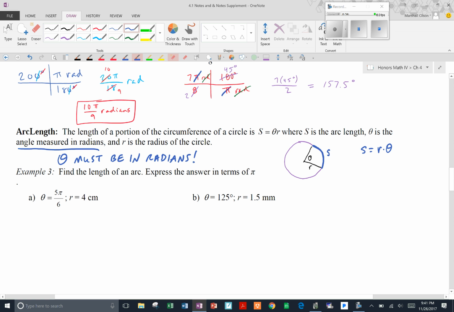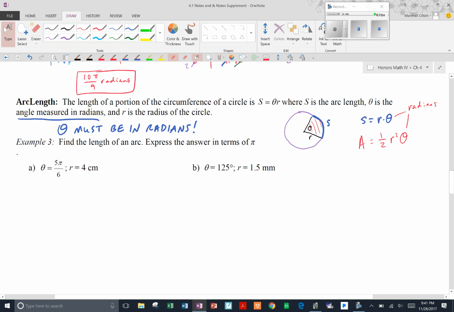Now, if we wanted to find the area of that sector, which is a portion of the entire area of the circle, that would be 1/2 r squared times theta. But again, these two measures have to be in radians. Whatever that central angle is must be in radians.